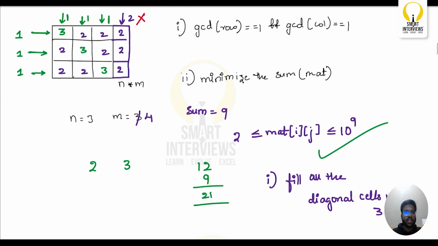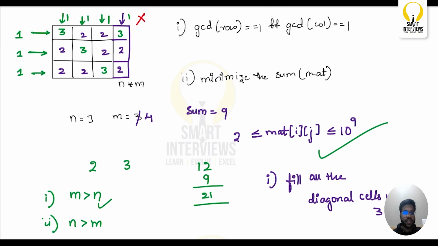That means even in this column, we should have at least one 3 anywhere. Now, is it following the conditions that we need to follow? Yes. That means we need to also handle a case where the value of m is greater than n. Similarly, the value of n will be greater than m sometimes in some test cases.